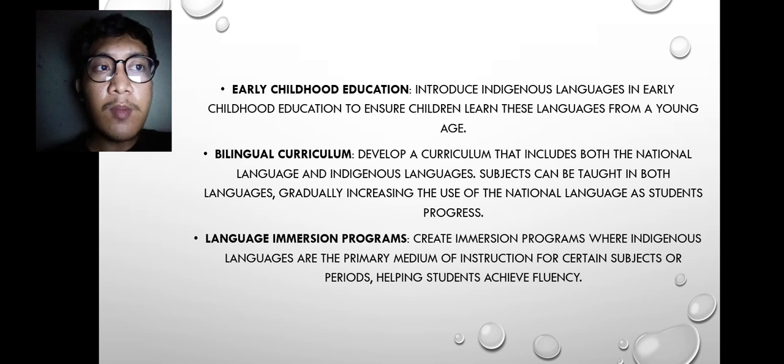Subjects can be taught in both languages, gradually increasing the use of the national language as students progress. Last is language immersion programs. Create immersion programs where indigenous languages are the primary medium of instruction for certain subjects or periods, helping students achieve fluency.